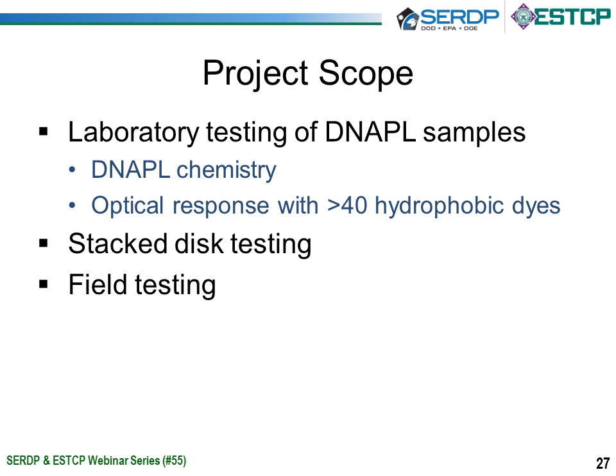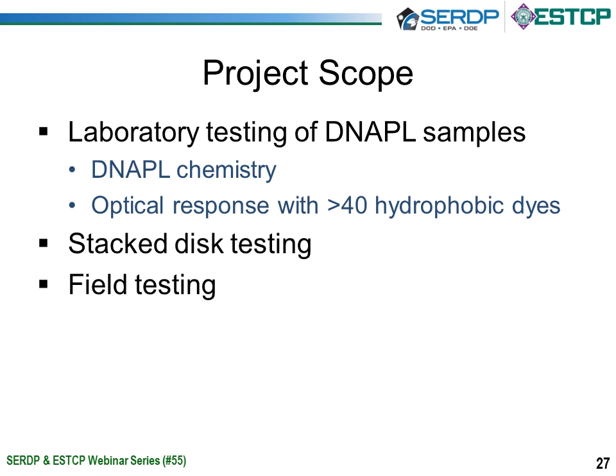Our project included laboratory testing and then some stacked disk or benchtop testing, and then finally field testing. The laboratory testing, we solicited all of our friends and colleagues and regulators to get samples of DNAPL from actual sites that has been weathered in the subsurface, and we got about 24 samples.